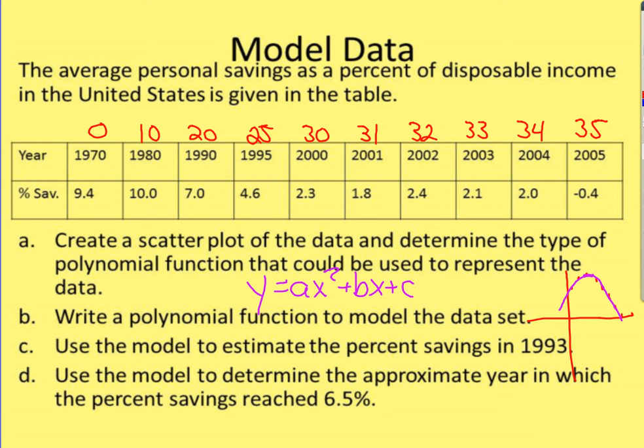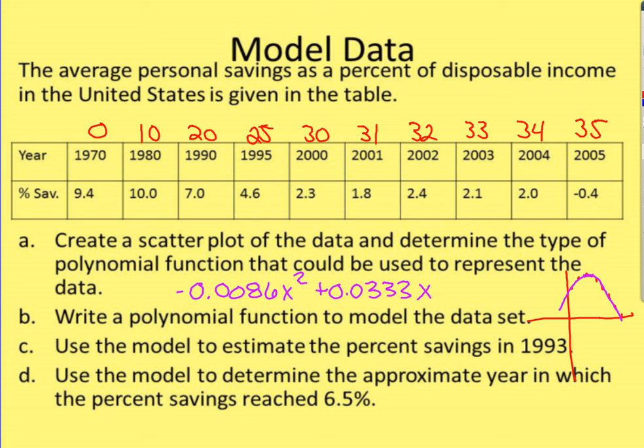And it's going to tell you the values of your a, b, and c so that you can plug them in. So our a value is negative 0.0086. Our b value is 0.0333.